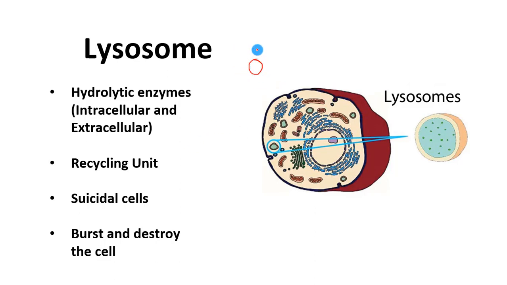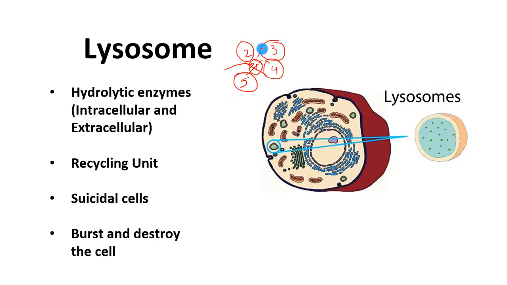Okay, now suppose I might sound a little confusing. So this is one cell, this is another here, this is third, fourth, fifth. Okay, so I label this as 1, 2, 3, 4 and 5, right? Now cell 1 is in danger. There is something which has entered the cell 1. There is one virus which has entered the cell 1. Now, if this cell do not destroy itself, what will happen?